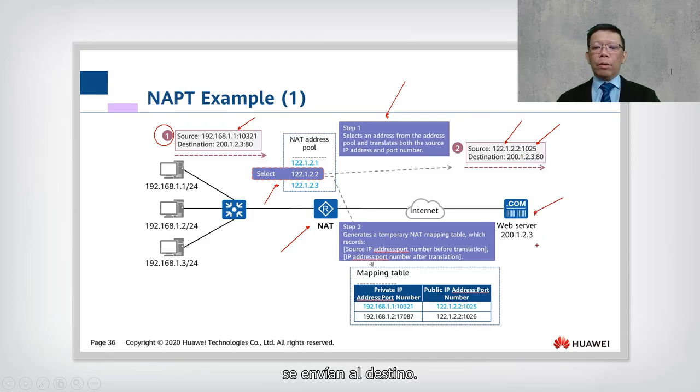When the destination replies, you notice that in step number 2, it generates a NAT mapping address which records the address and the port number. What will happen here is the server replies back to 1025 and it is mapped into the NAT, and once it's replied back to 1025, it knows that it will map back to 192.168.1.1, and this is the port number that I originally sourced from, 10321.